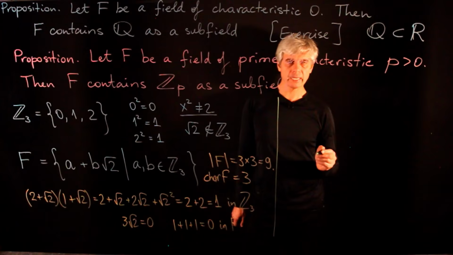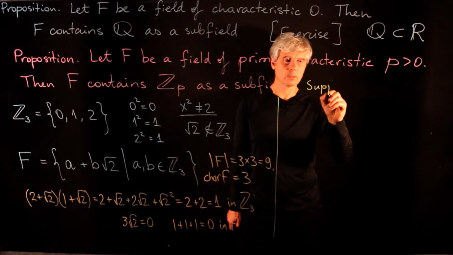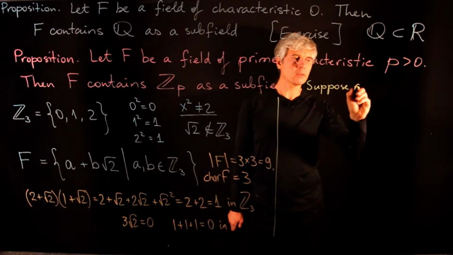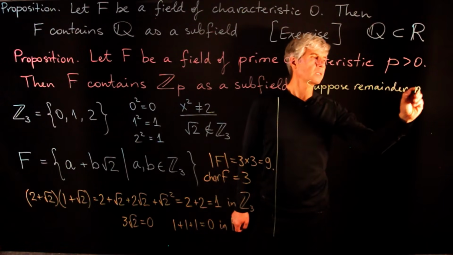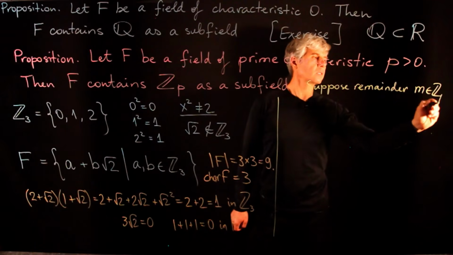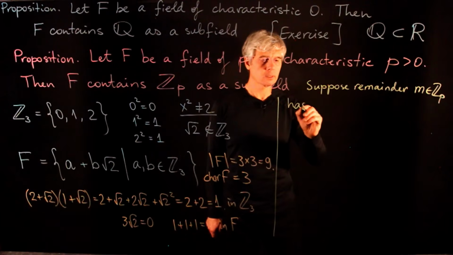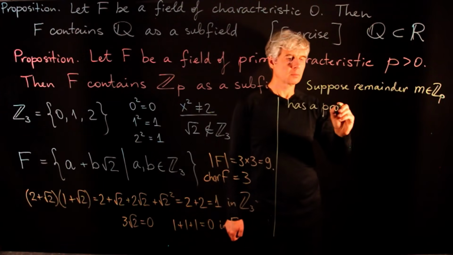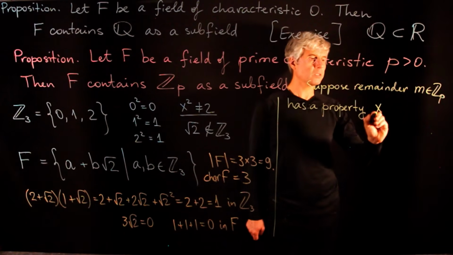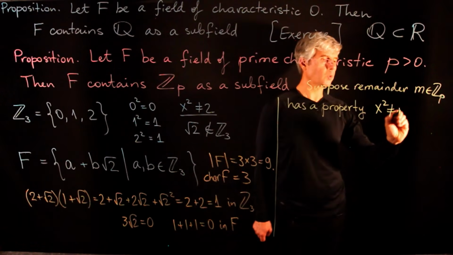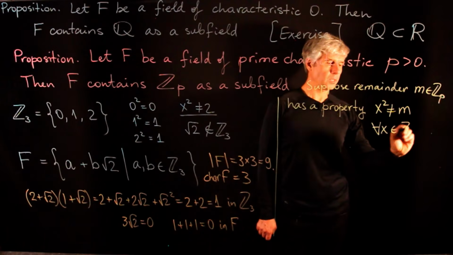Now, let us generalize this construction. Suppose M in ZP has a property that x squared is not equal to m for all x in ZP.